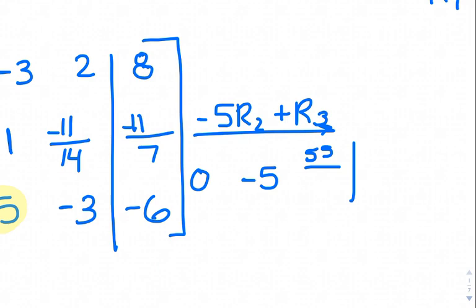And then negative 11 over 7 times negative 5, which is 55 over 7.